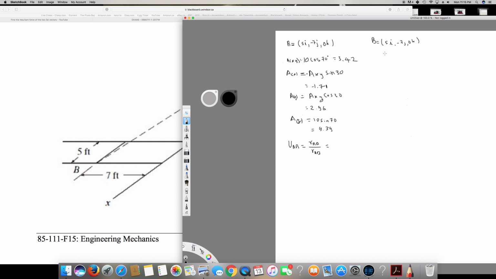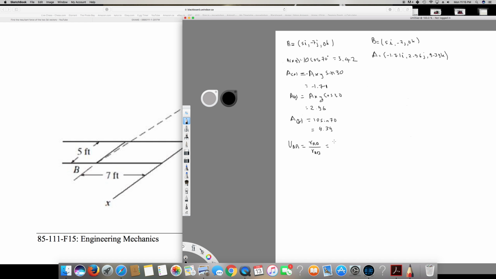And A values are minus 1.71i, 2.96j, 9.39k. So these are my A values.